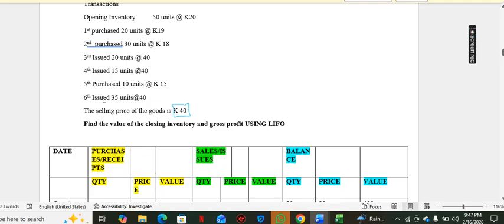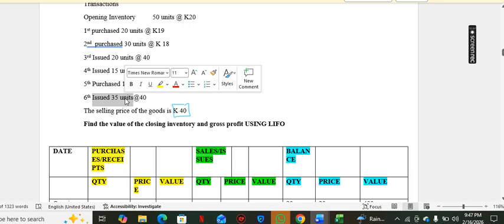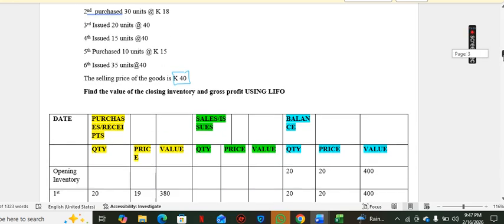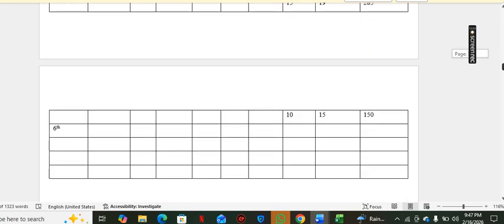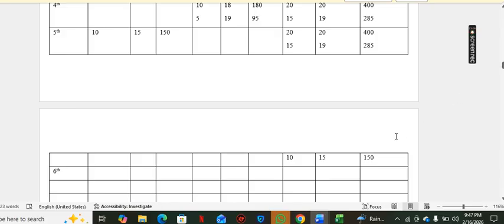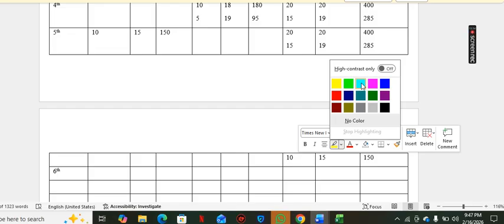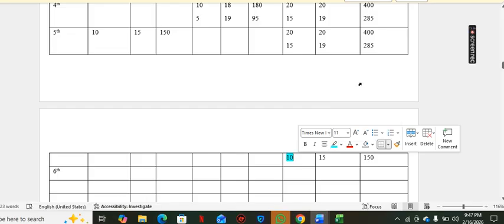Then on the 6th, issued 35 units at 40. Remember, at issues we're valuing them at cost. So we issued 35 units. We're going to get our first 10 from this latest batch here that came in. The first 10 will be taken out of here.